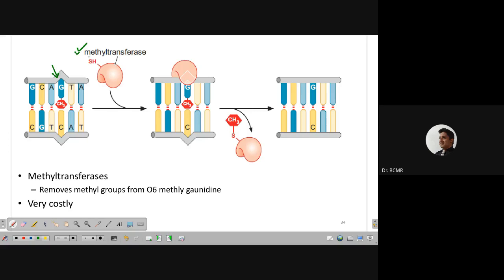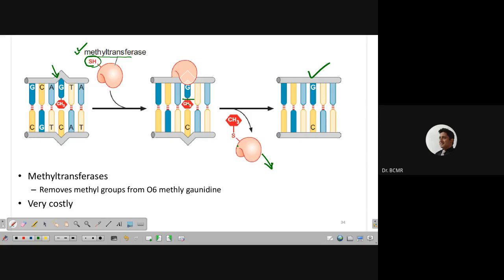And we have methyltransferase, which has a thiol group, the SH, and it recognizes those methylated guanines and removes the methyl group. It is not doing anything except taking off the methyl group, and it forms a covalent bond with the enzyme, and it is removed. Now you have a guanine as such that it can base pair with the cytosine of the complementary strand.